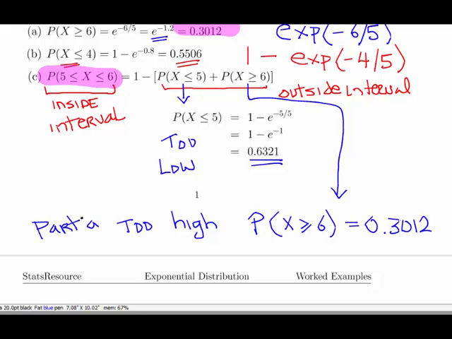Typically, you should be recycling a couple of values in your exam question to save time. So this expression of being outside the interval is broken up into two components: the too low component has a probability of 0.6321, and too high, 0.3012.